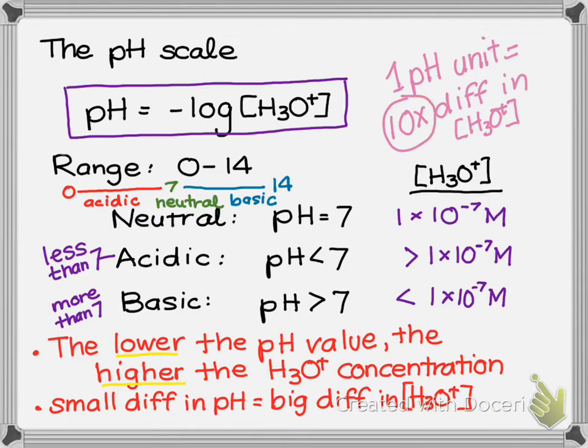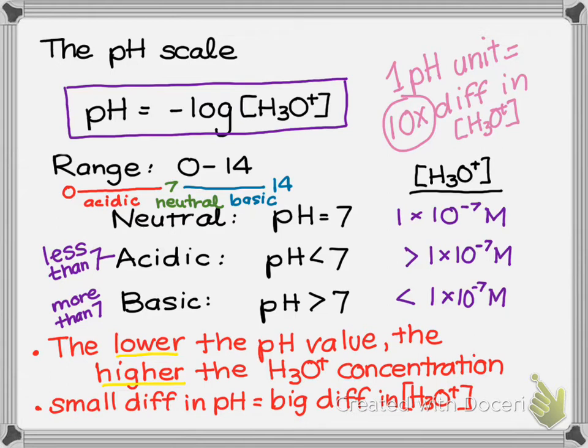For example, a pH of 6, which is more acidic than a pH of 7, has 10 times more acid than a pH of 7.